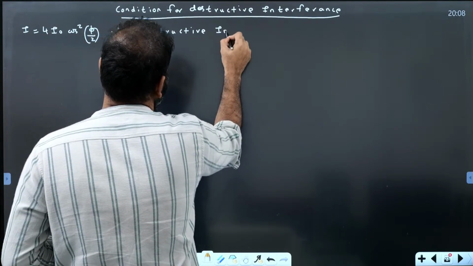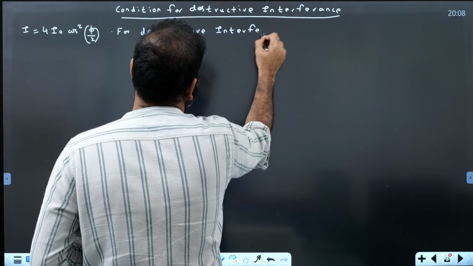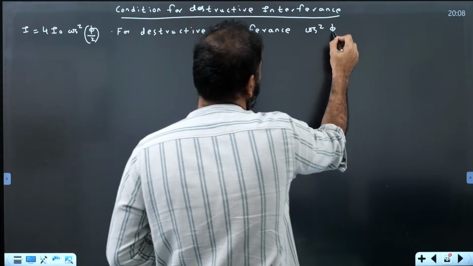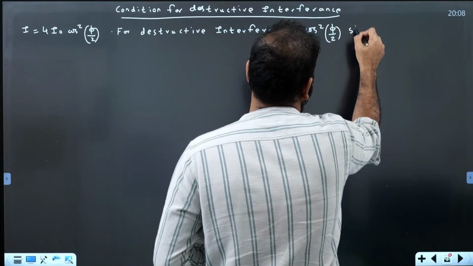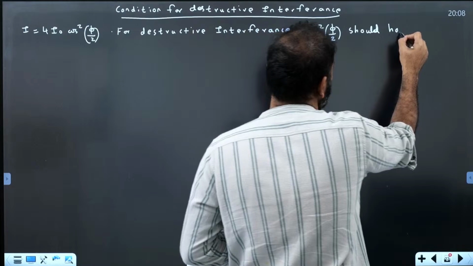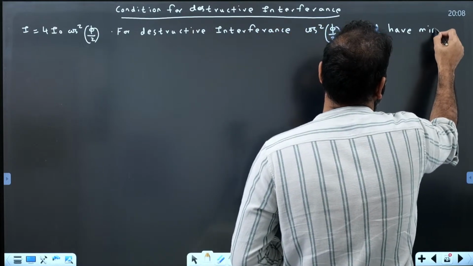For destructive interference, cos square phi/2 should have minimum value.